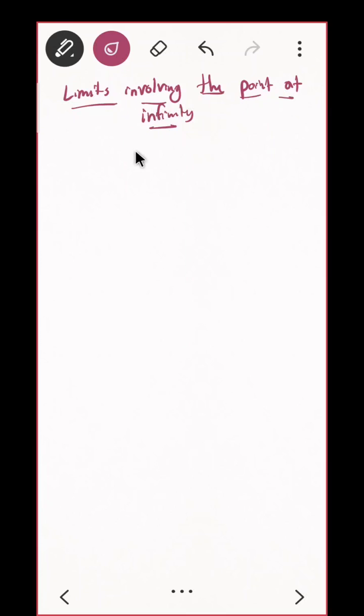That means limit z tending to infinity will be in this case. Say limit z tending to infinity, f of z equal to w naught. Can you give me the definition of this?